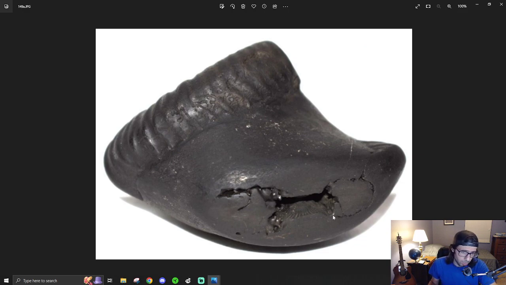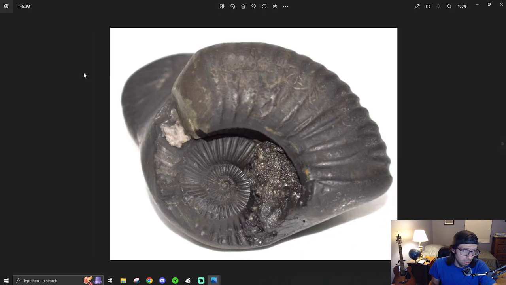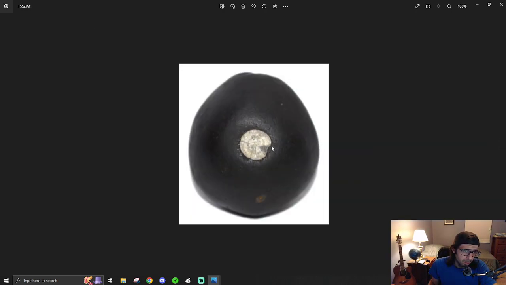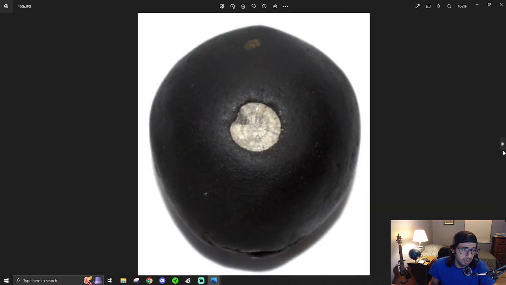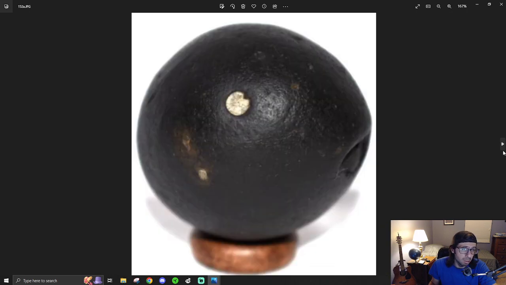So back to, here's one disc, and then disc on the side. Another one of these with the little protrusion thing. Another, maybe. Same one as the last one, another.